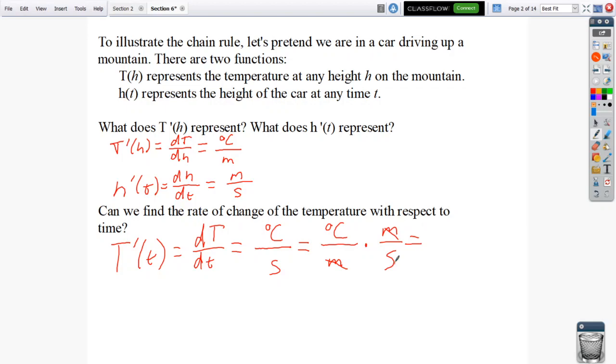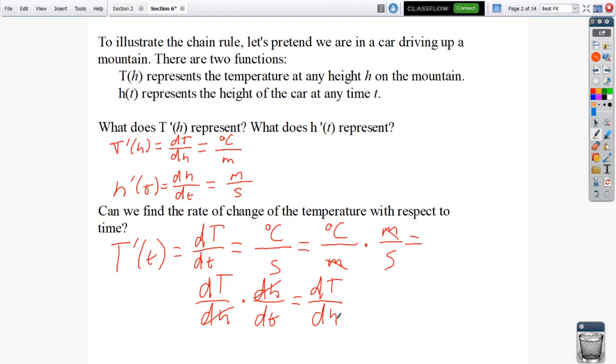The other way that we can look at this is to use the actual Leibniz notation. We can have dT dh times dh dt. Remember, I've told you repeatedly that these are not fractions unless it's convenient for us to think of them as such. In this case, it is convenient, so we can cross off the dh's, and we're left with dT dt.